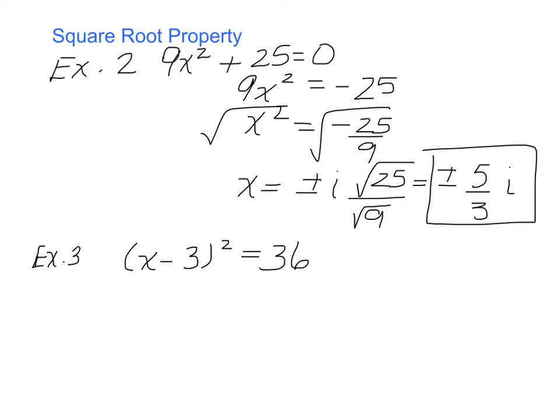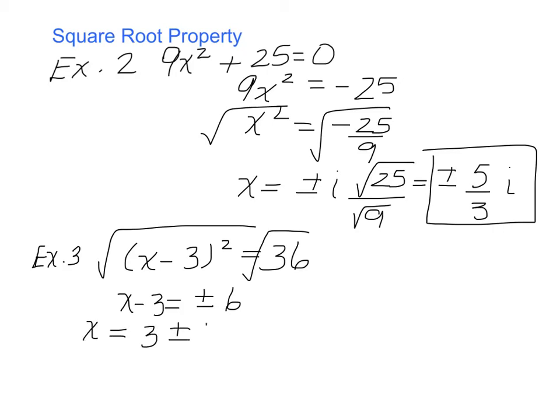So I'm going to square root both sides. I'm going to get plus and minus 6. And then I'm going to move the 3 over. And so I'm going to get two answers. One of my answers is 3 plus 6, which is 9, and 3 minus 6, which is negative 3.